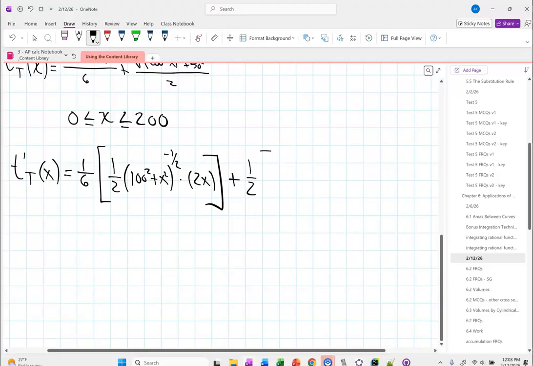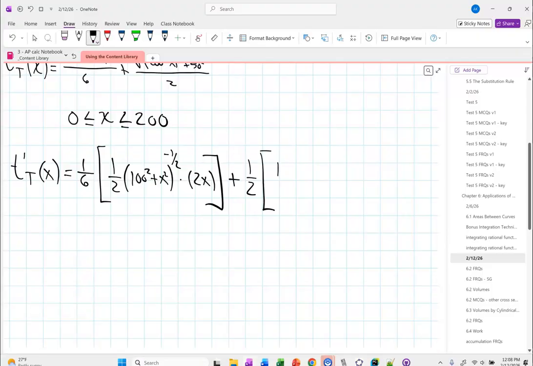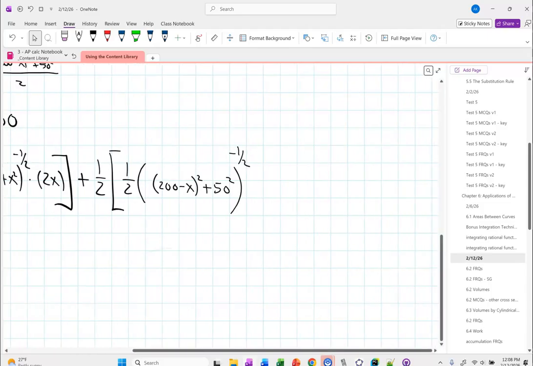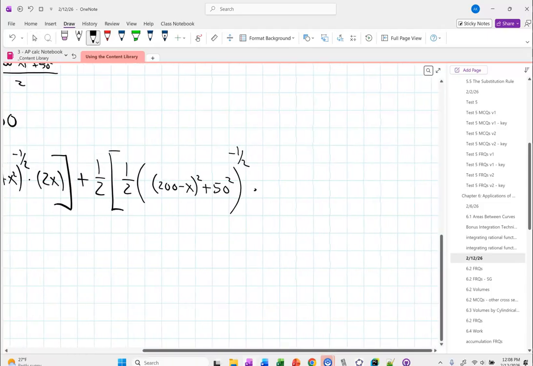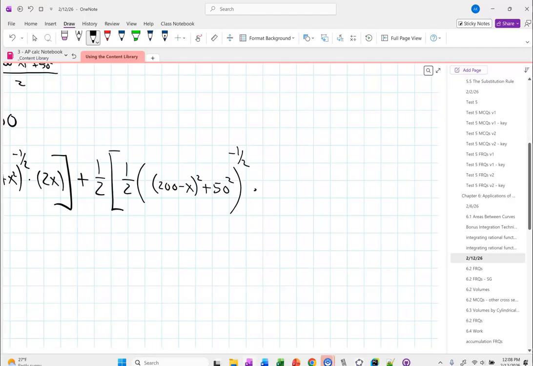So I'm going to have the 1/2, and then I'll have my chain rule, so derivative of the outside, times the derivative of the inside. So the derivative of this is going to be another chain rule. So the outside times the derivative of the inside, and then plus 0, and then times the derivative of the inside.